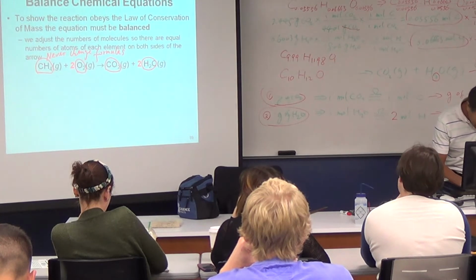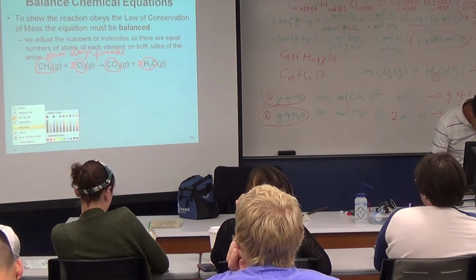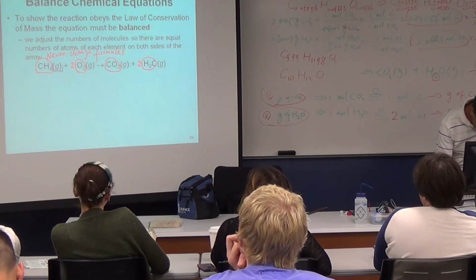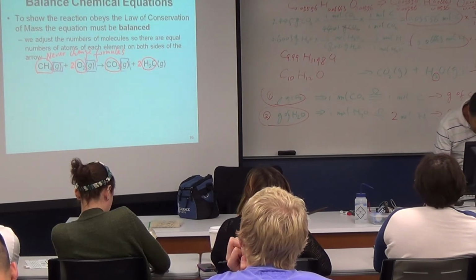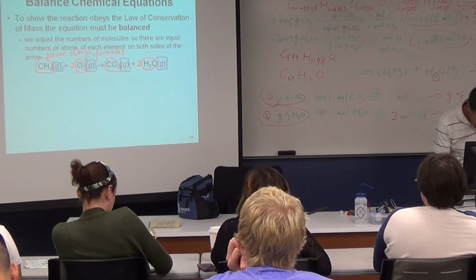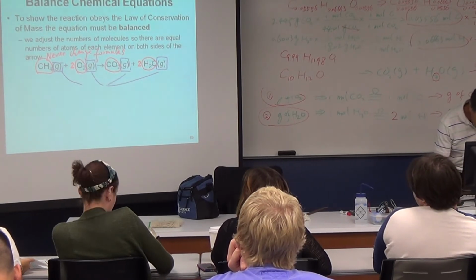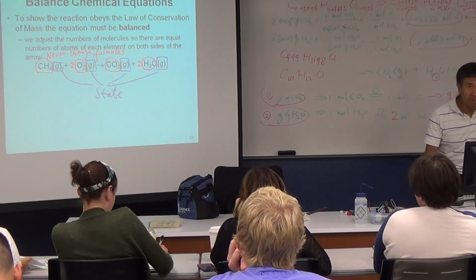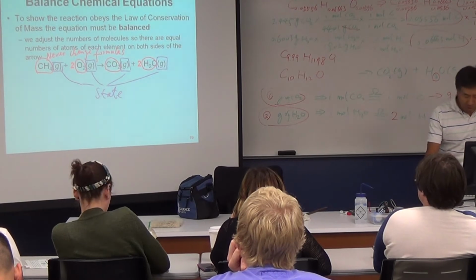So what do we call this in general? Yes, this is gas, this is gas. What do we call those two? This is called the state. We have 4 common states in chemical reactions.